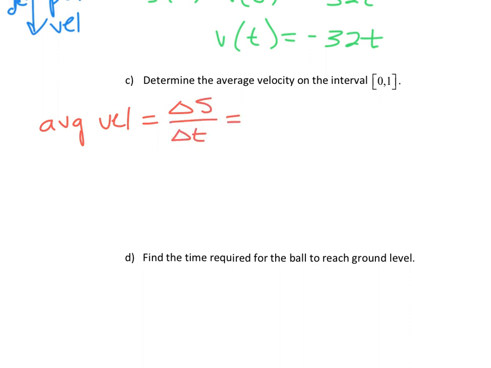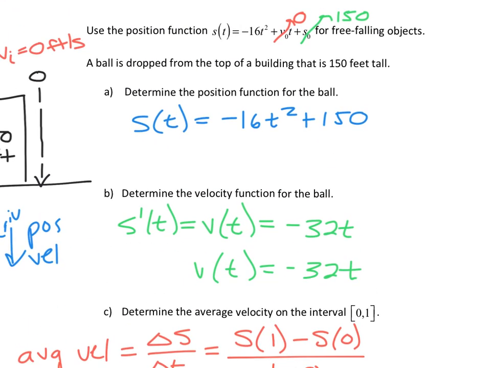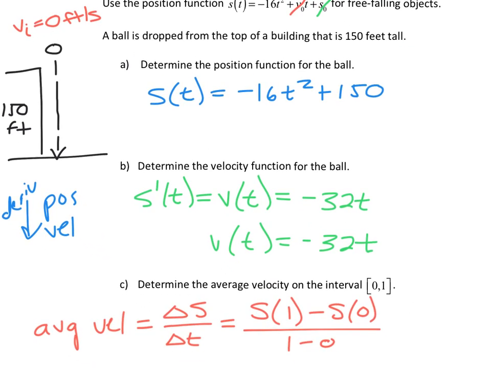So I need to figure out what is the position at 1 second minus the position at 0 seconds over the change in time, which is 1 to 0 seconds, because this time interval is measured in seconds. In order to find s of 1 or s of 0, I need to go back to my position equation up here in part A and plug that in for t. So what I'm going to do is take this t equals 1, plug it in for t here.